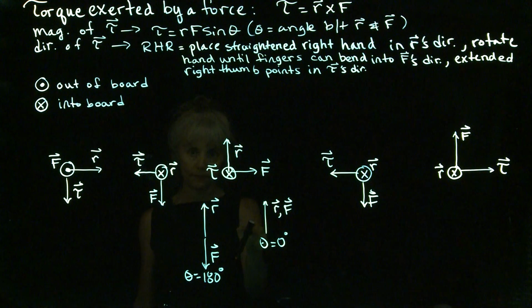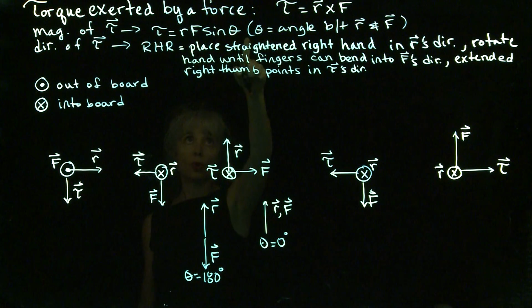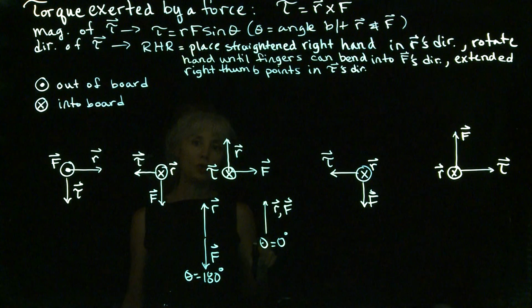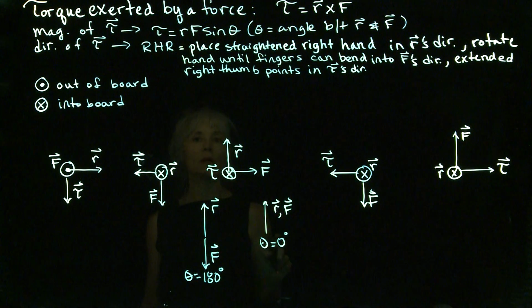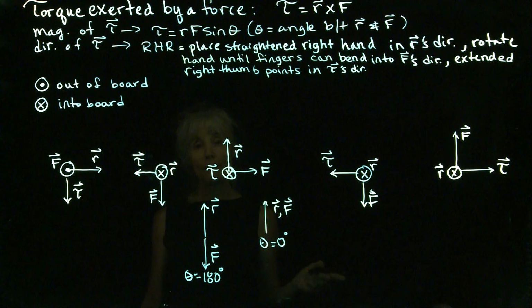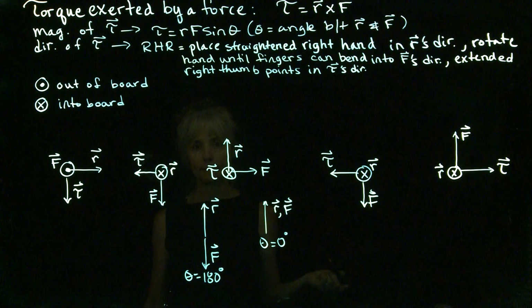Notice that the maximum value for the magnitude part of the torque will come when theta is 90 degrees. So when the angle between r and F is 90 degrees, then we have the maximum torque being exerted by that force. When the angle is anything between 0 and 90 or 90 and 180, we still have positive torque, but the torque is going to be smaller than it would be for 90 degrees.